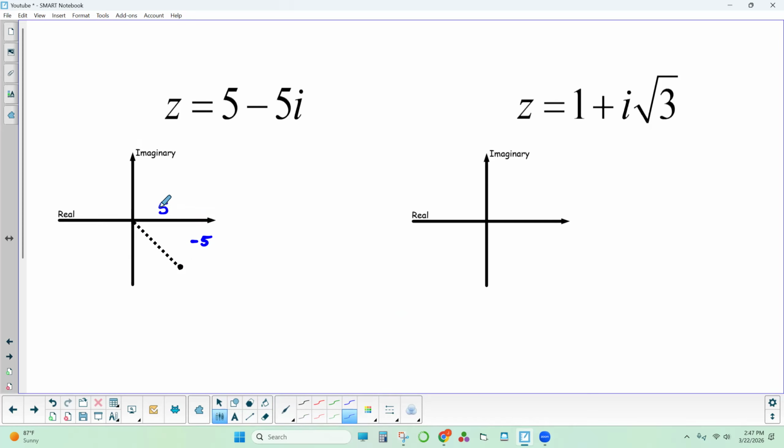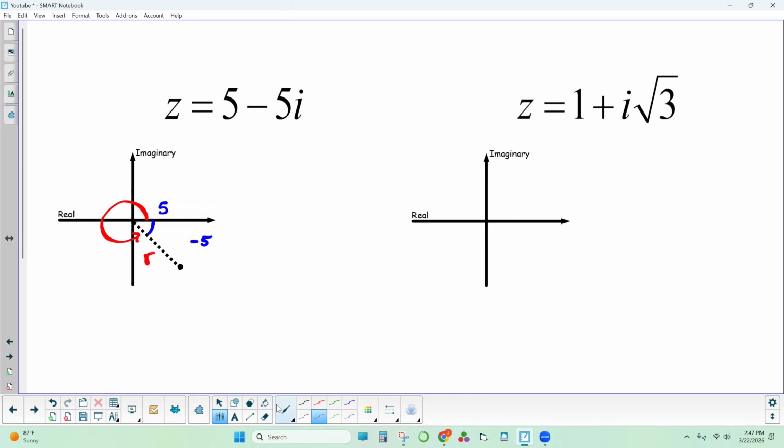With that information, we can find r by using the Pythagorean theorem. We can also see that our side lengths are the same, which means that our reference angle here is a 45-degree angle. So in order to write this in trig form, the reason why I drew this out is because all we need to do is find r and theta.